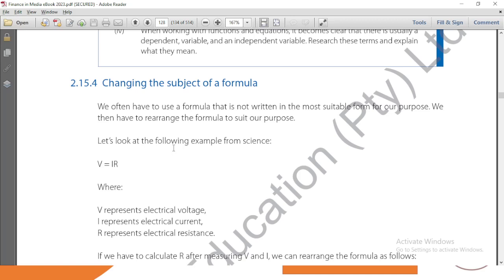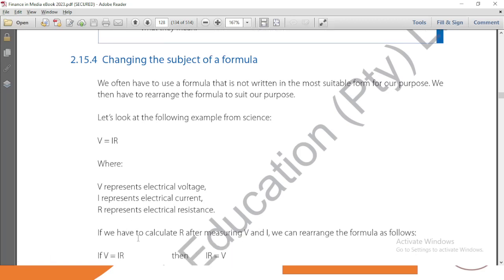So here it says that if V equals IR, which is an equation and therefore proven to become a formula, where V represents electrical voltage, I represents electrical current and R represents electrical resistance. So if we are to calculate R, which is the electrical resistance, after measuring V and I, we can rearrange the formula as follows.